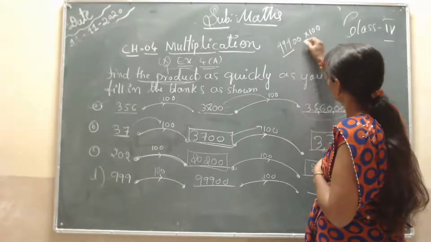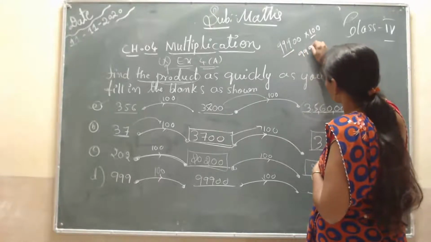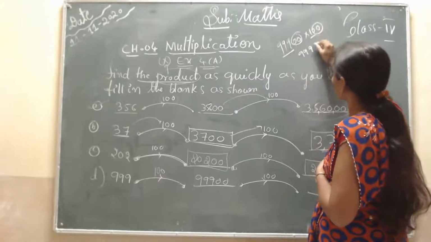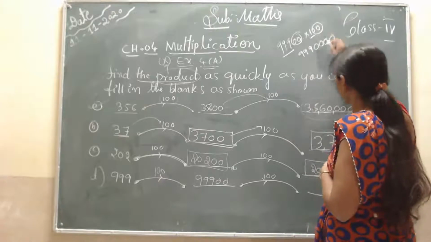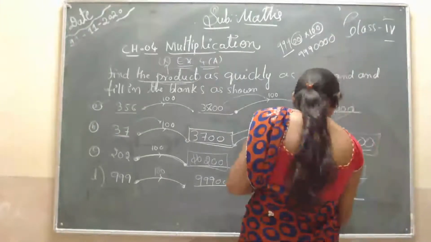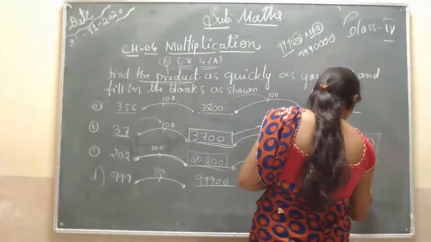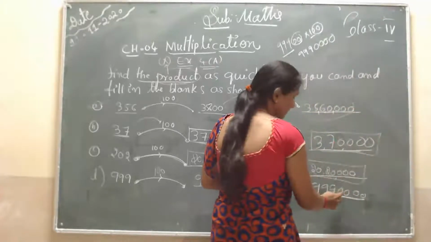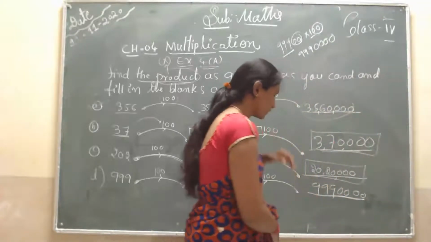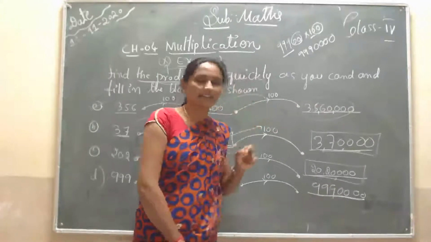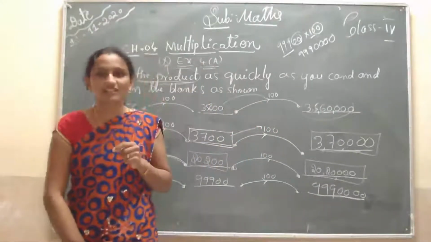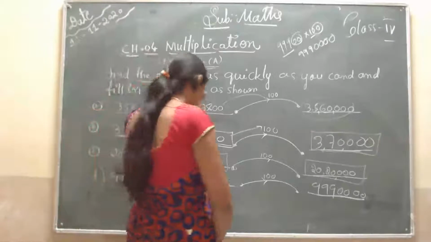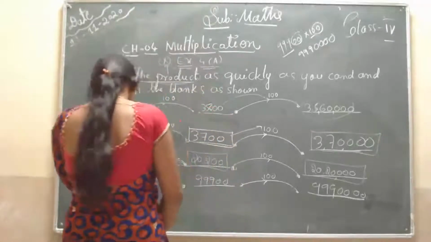So first observe 999, how many zeros? Here 2 zeros. So you have to write 999 with ones, tens, 100, 1,000, 10,000, lakh, 10 lakh. So 99 lakh 90,000 is the answer.